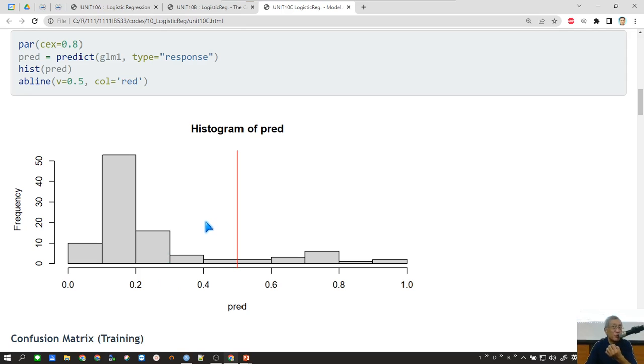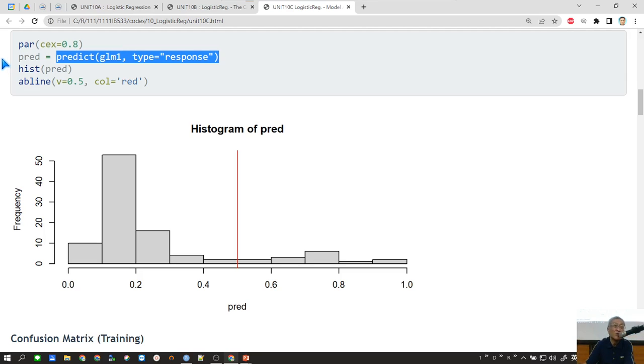The practice that I want you to learn is that when you do the prediction, you basically predict the probability instead of the value of y. Because the linear combination cannot calculate into 0 or 1 directly, it only calculates the probability of y equal to 1.